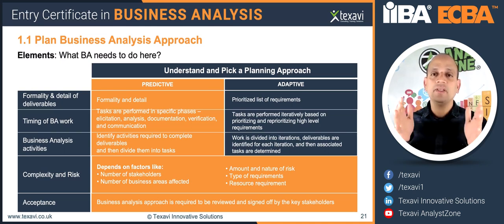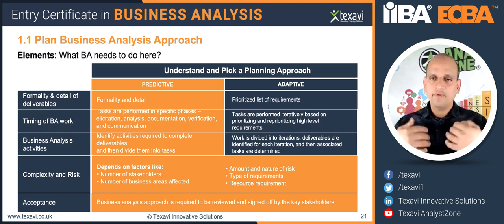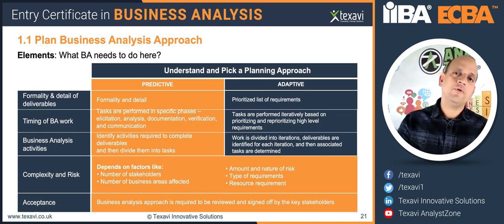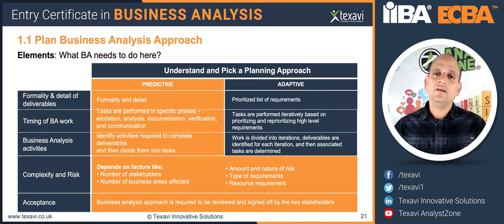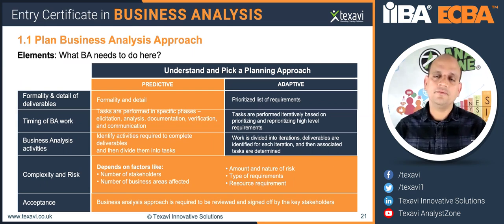So agile assumes that change is inevitable, and if change comes, we will try and absorb it, embrace it, and work on it. Whereas waterfall was not like that. It said no changes, signed off, that's it. And so their whole assumptions were completely fallacious.